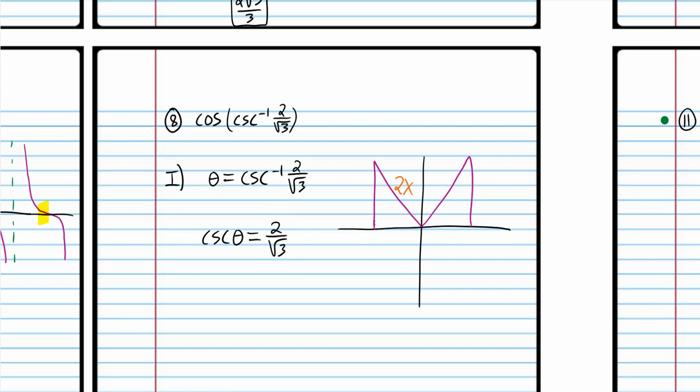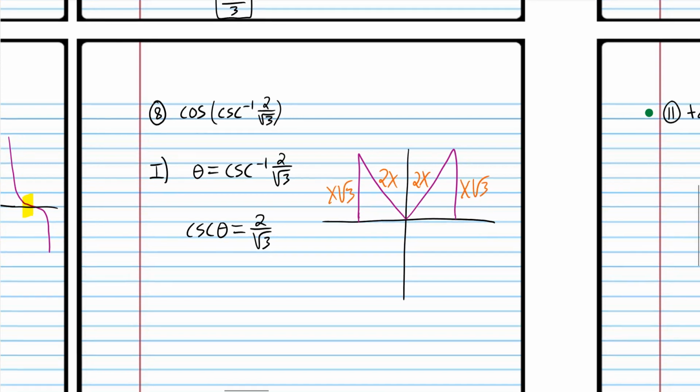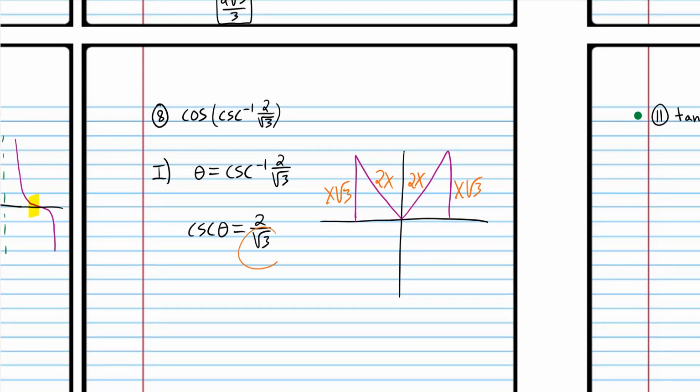You probably recognize this ratio corresponding to a 30, 60, 90 degree triangle. The hypotenuse is always 2x. Cosecant is hypotenuse over opposite, so the opposite side must be x root 3. And that's how I know that the triangles are in the first and second quadrants, because root 3 has to be positive. 2x is always positive.